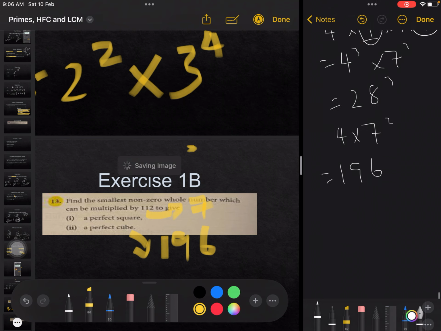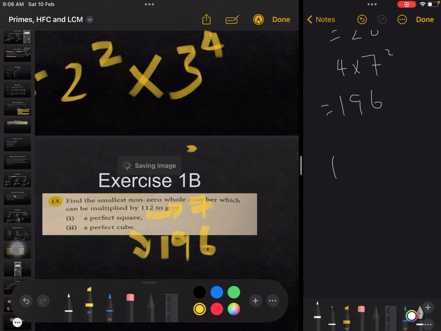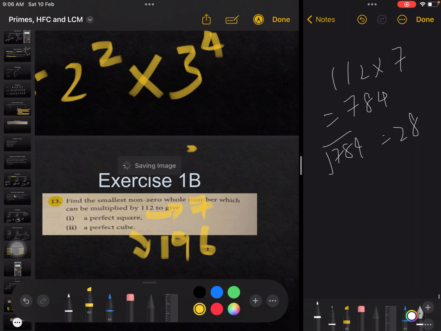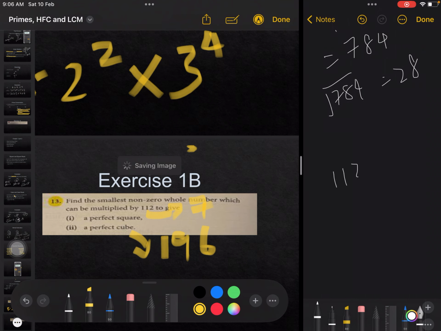Don't believe, let's test it out. For the first part, 112 times 7 equals 784. Is this a perfect square? We square root 784, equal to 28. So it is a perfect square. Then try the other one, 112 times 196.